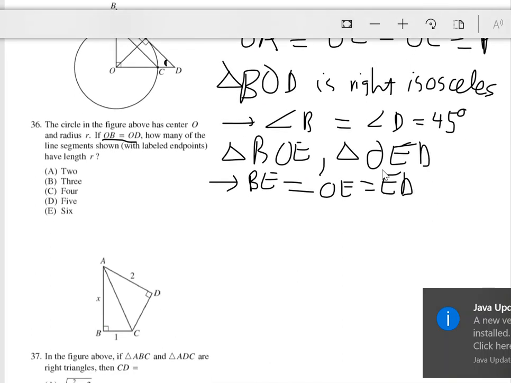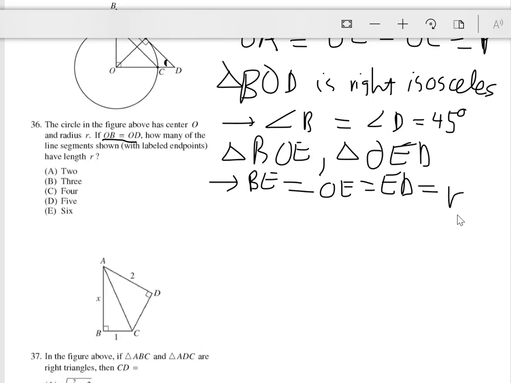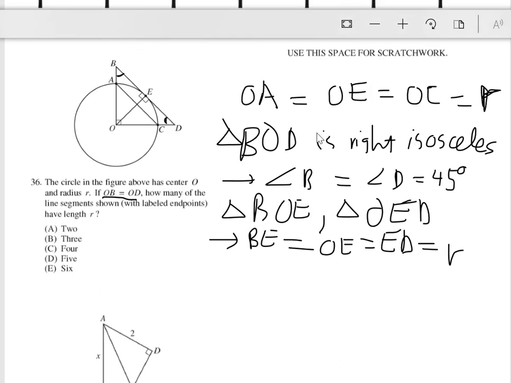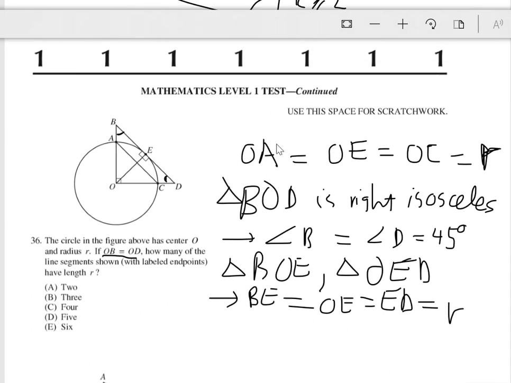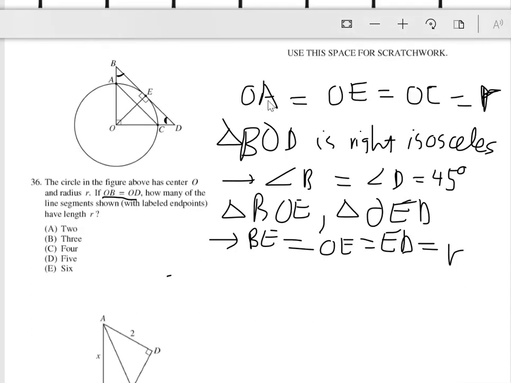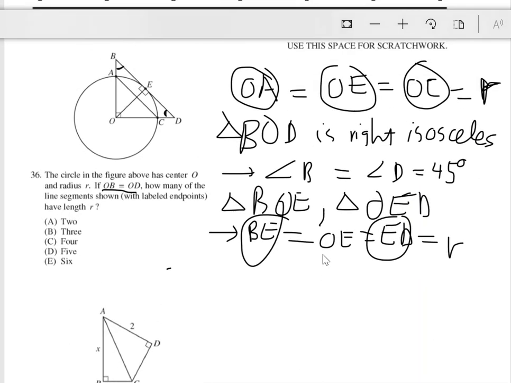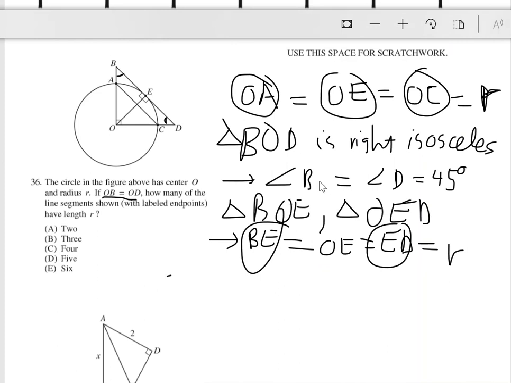So these three segments must also be equal to the radius. So we already found one, two, three, four, and five segments which are equal to R.